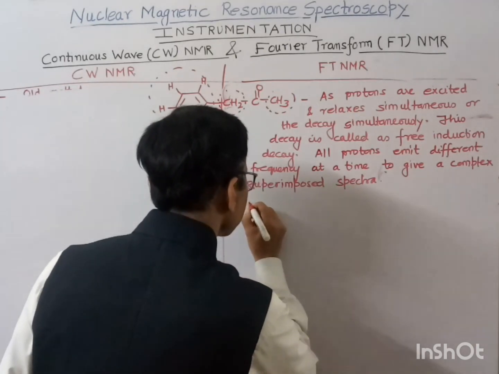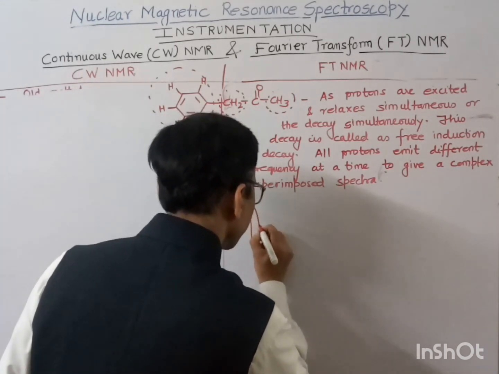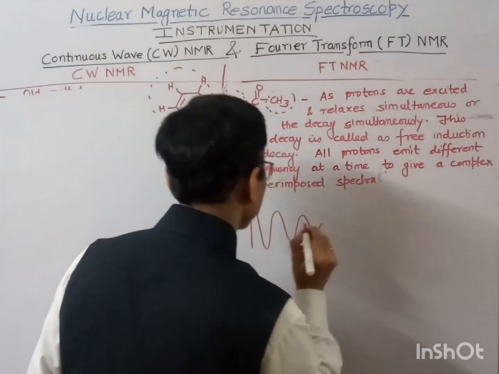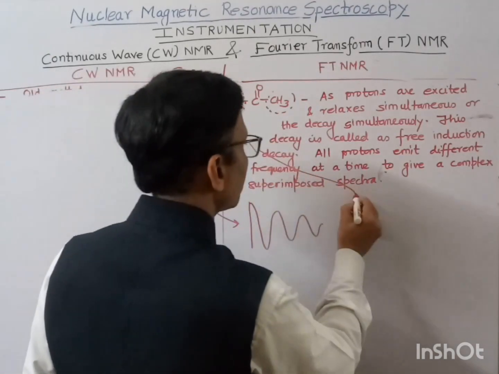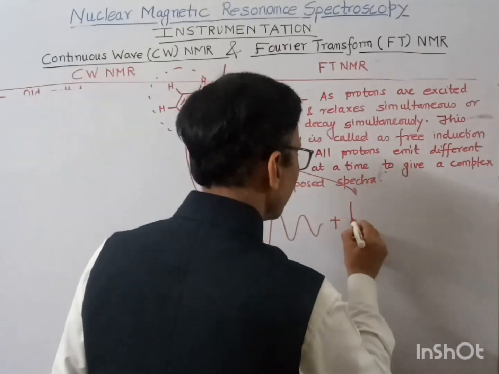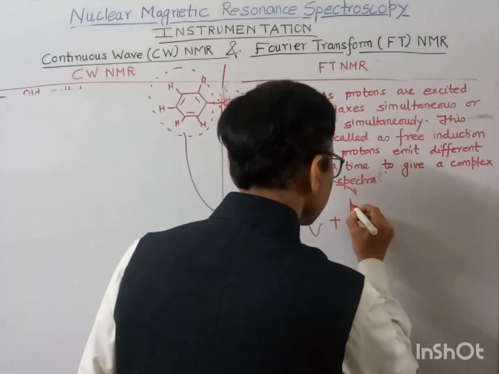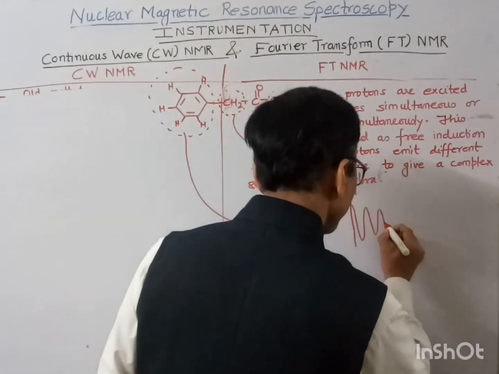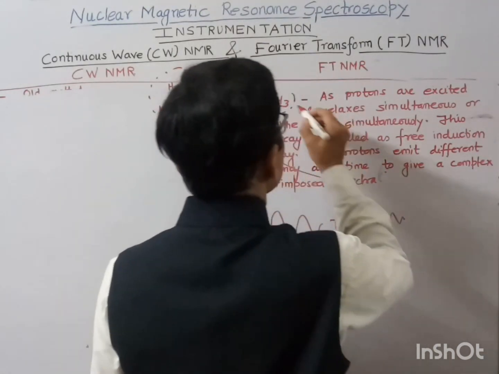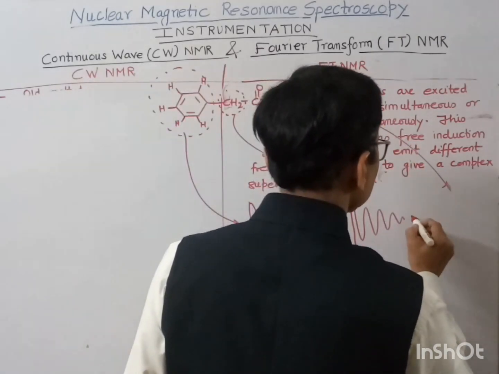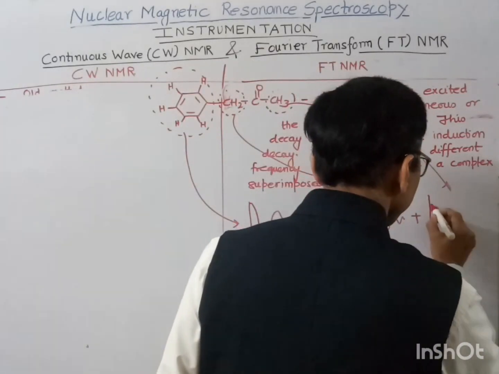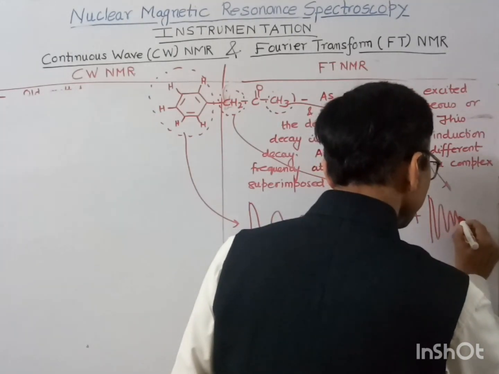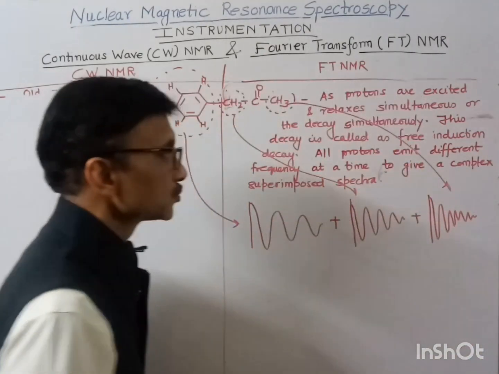The emitted frequency is something like this, and this one is something like this. These are the oscillating frequencies.